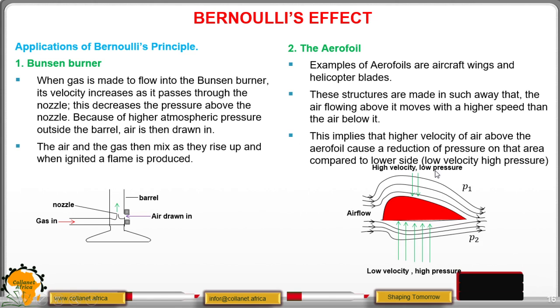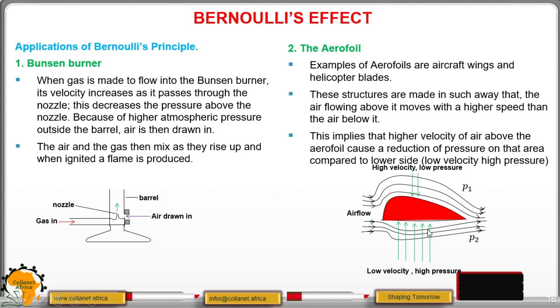So this is what we are talking about. We have two pressures here, pressure P1 and pressure P2. As you can see, this face is longer as compared to this one, so air has to move a little bit faster so that they meet at this particular point. That will definitely lead to an area of low pressure, which is P1.